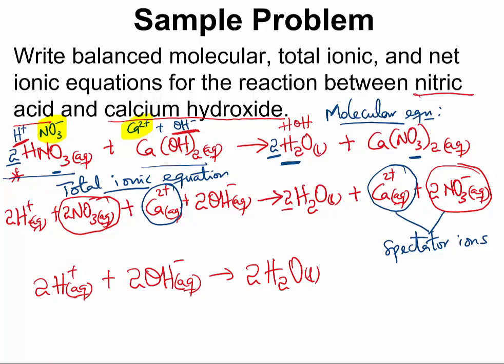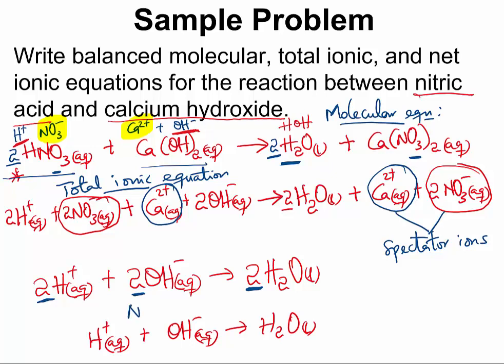But if you look at all of the coefficients, they are all divisible by 2. We always want to use the lowest possible factors in the coefficients. So if you divide all the coefficients by 2, you will end up with hydrogen ions plus hydroxide ions giving H2O liquid.